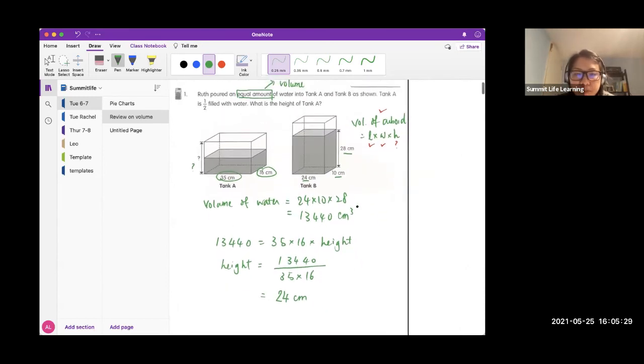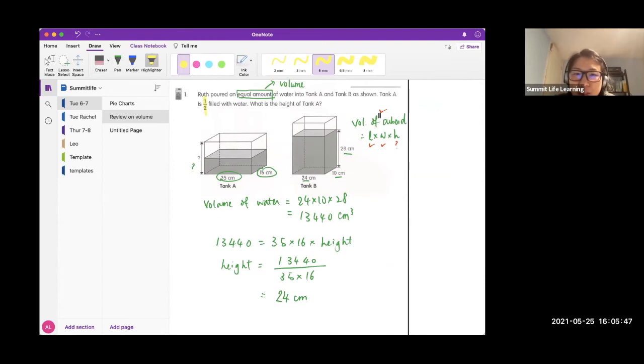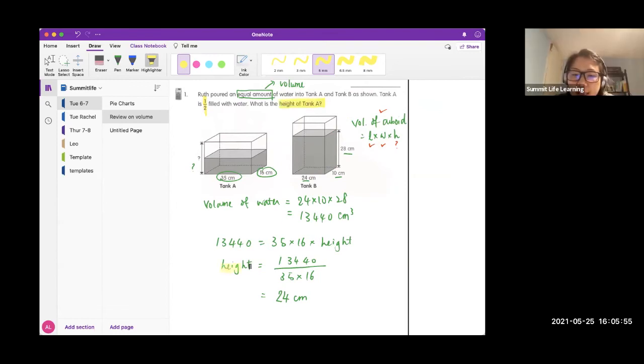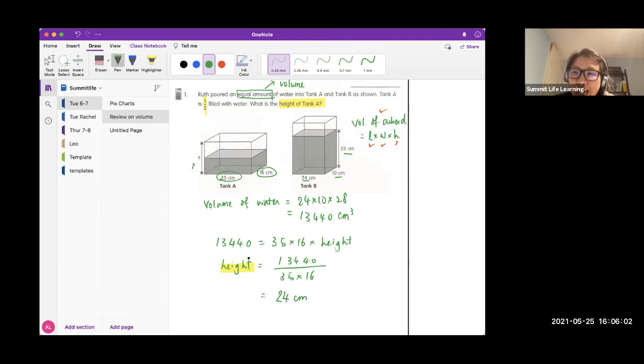Anything I have done wrong? Amy, anything I have done wrong or forgotten? I don't think so. Now, be careful. Have I ever used this 1/2? No. I'm asking to find the height of the tank or the height of the water? Of the tank. This height in green, is it the height of the water or the height of the tank?